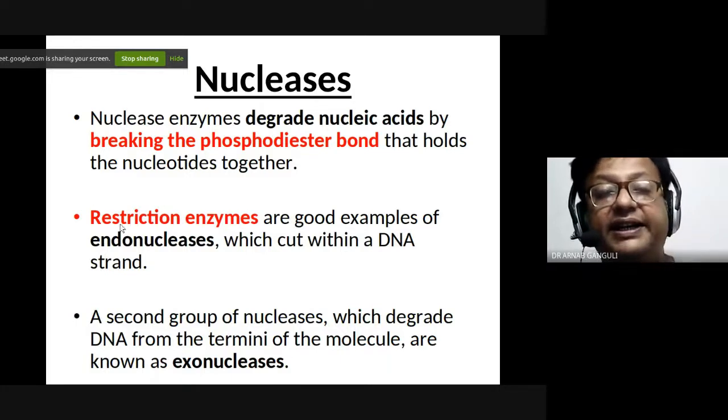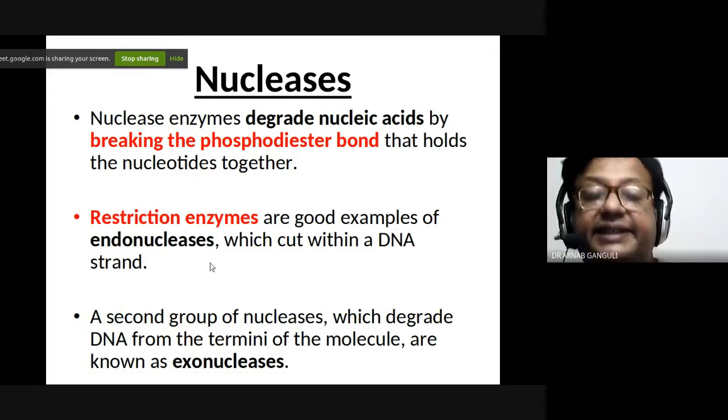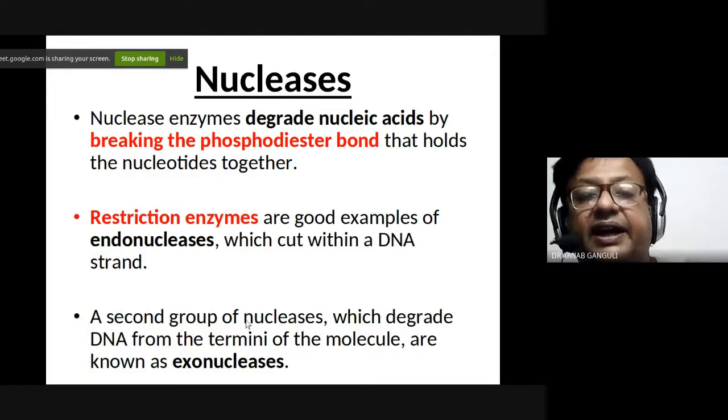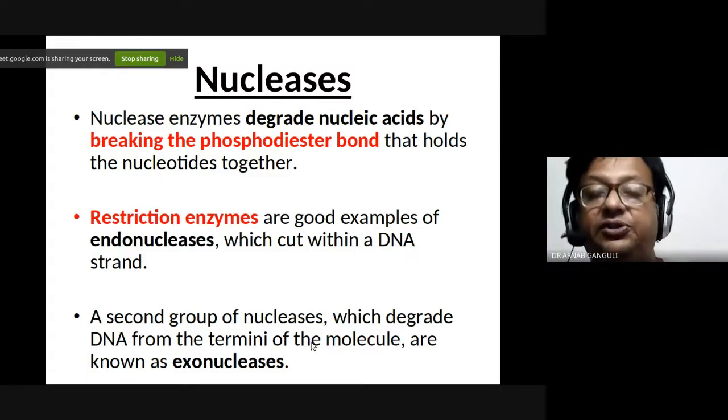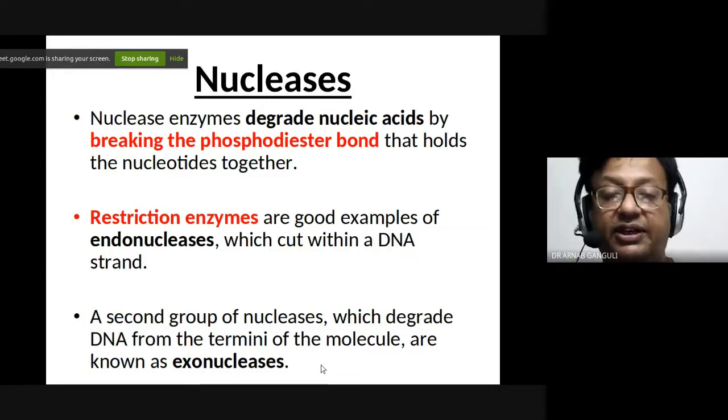Then you have the restriction enzymes, which cut at a definite site. And then you have another group of nucleases which degrade DNA from the ends of the molecules and are known as exonucleases. Cutting from outside to inside is exonuclease, and cutting from inside is endonuclease.